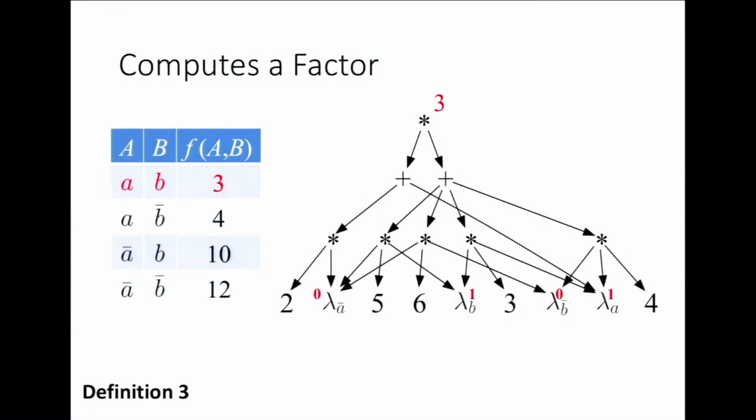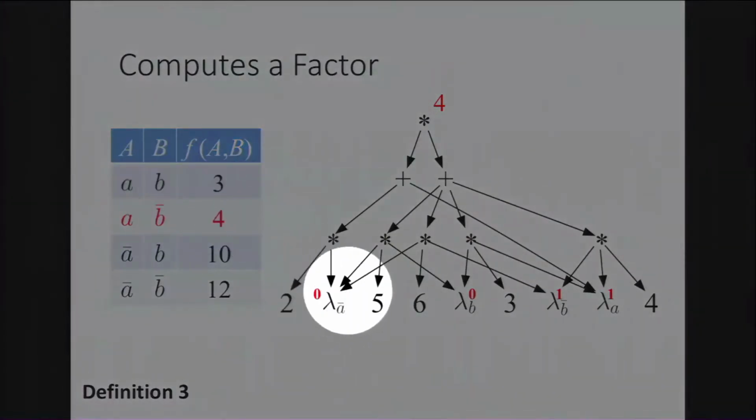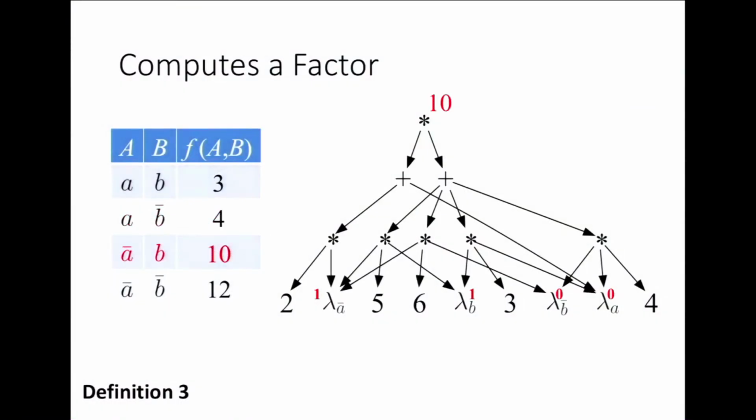Now you have to try it for the second row. A is true and B is false. You also know how to do that, correct? This ends up being 0, 0, 1, 1, correct? You evaluate what you get? 4. Does it match? Matches. Then you have to try it for every row. And you want to make sure that the circuit produces the correct number when evaluated for every complete row.